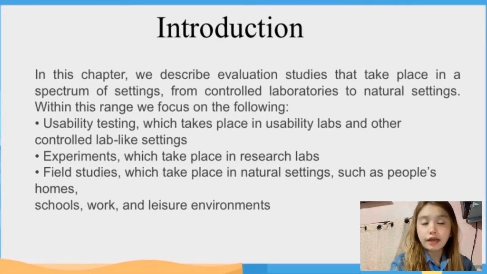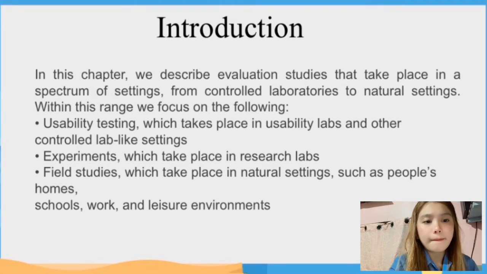The second introduction. In this chapter, we describe evaluation studies that take place in a spectrum of settings, from controlled laboratories to natural settings. Within this range, we focus on the following. The first one is usability testing, which takes place in usability labs and other controlled lab-like settings. Second one, experiments, which take place in research labs.